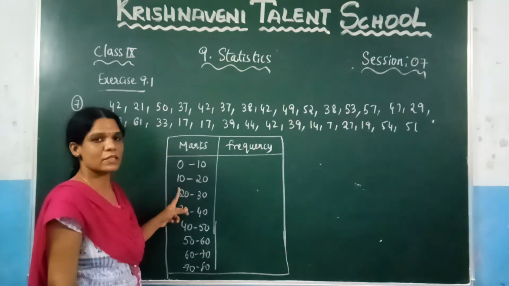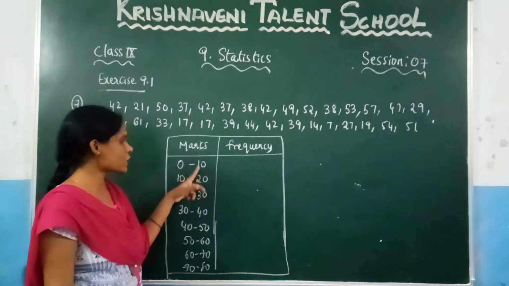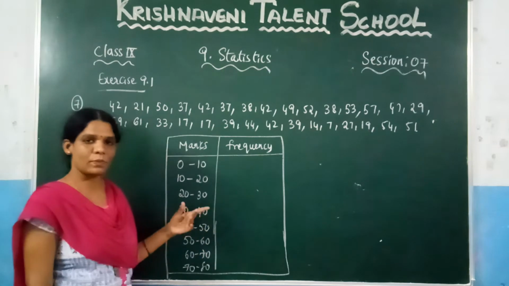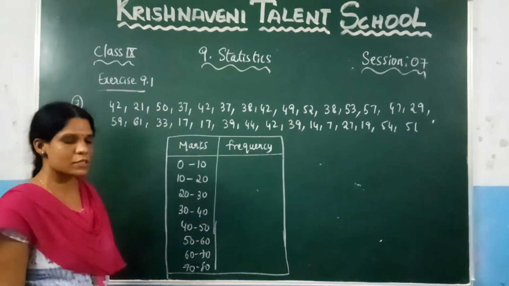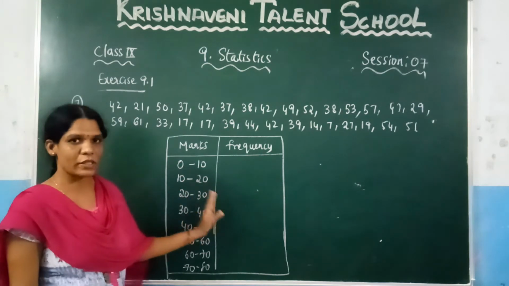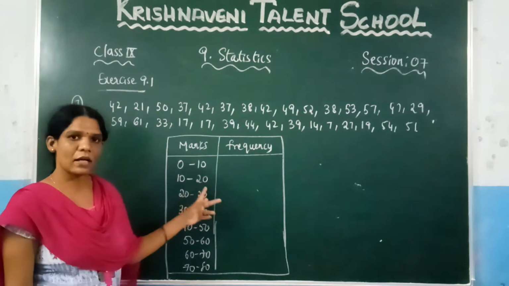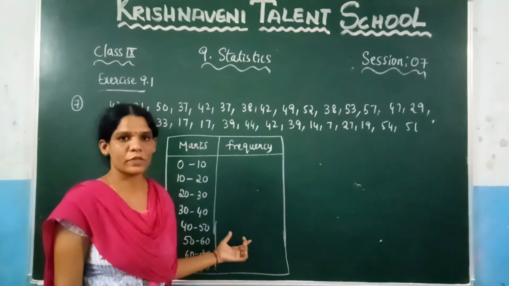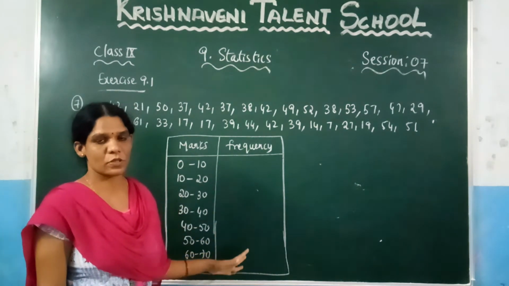You have to write in this class interval. Since we are excluding this one, we call this exclusive classes. Similarly, if any person got 30 marks, you need to include here, not here, because we are excluding the 30 in the upper limit. So, this is nothing but the forming of the grouped frequency distribution table.